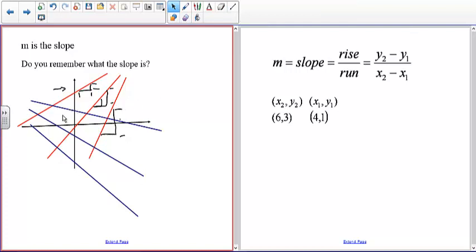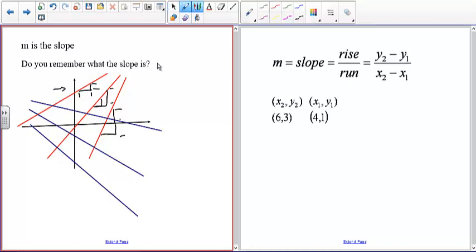Besides just knowing if it's steep or not steep, what's the significance of that? Well, if you have a higher slope, you have a bigger change in the y variable for a given change in the x variable. So things are changing more rapidly when you have a large slope, either negative or positive.